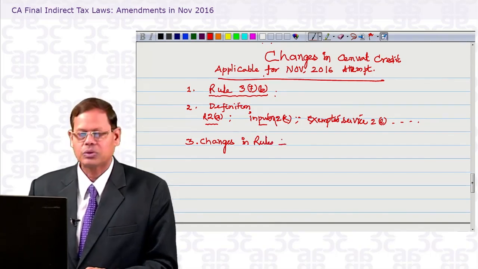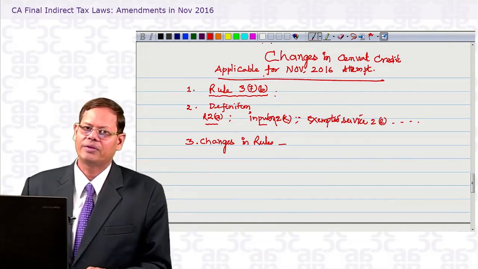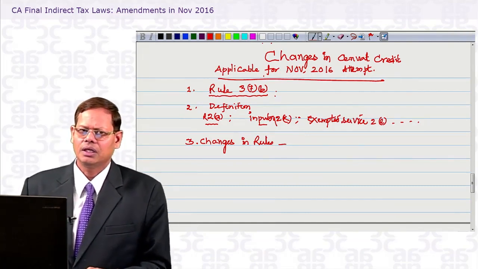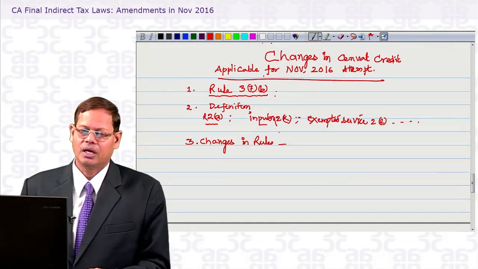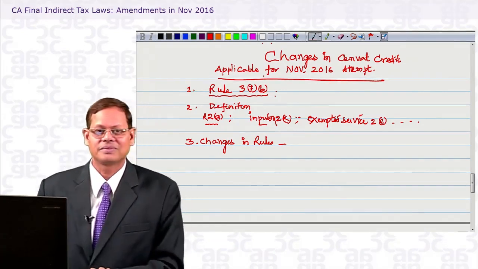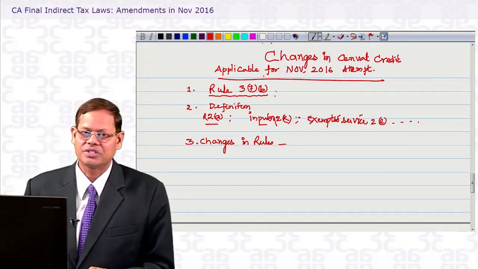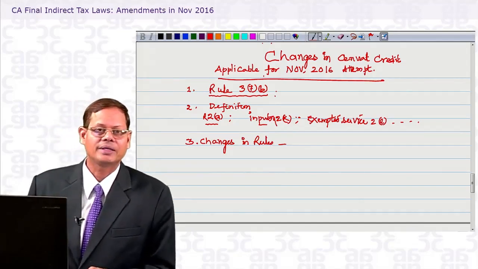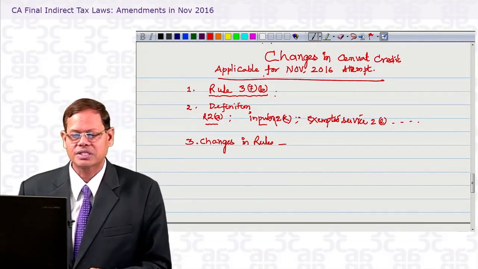So changes in rules, what are the changes in rule 3, 4, 5, etc. In plenty of rules there are changes, and there are certain changes which are very significant also. So make sure that you are aware of the changes before you attempt this examination, that is November 2016.